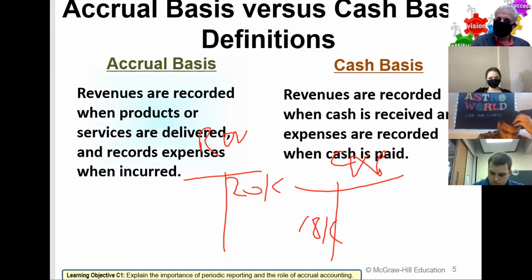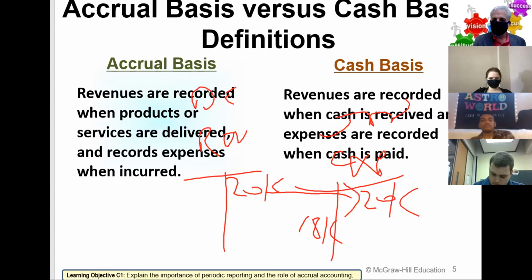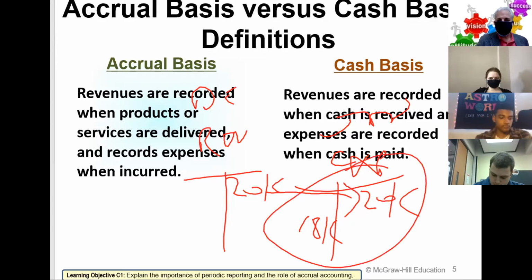If I write a check for $18,000 in January versus December, you'll say, "Oh, I got $20,000 in revenue. Great." And then you go next year in January, I'm losing $18,000. You really should, on an accrual basis, have that 20,000 here to match it. That's why we have this prepaid, we have this unearned revenue. That's why we're balancing all this out.